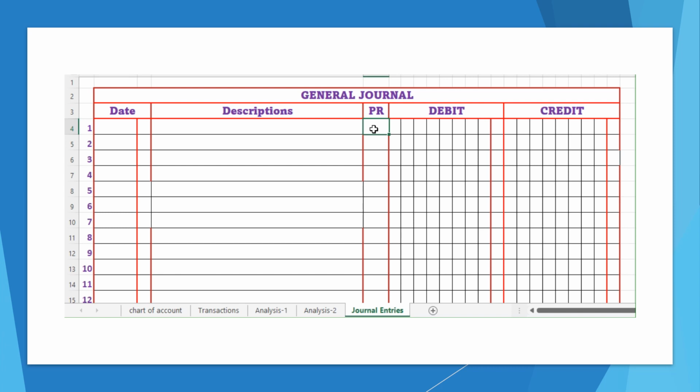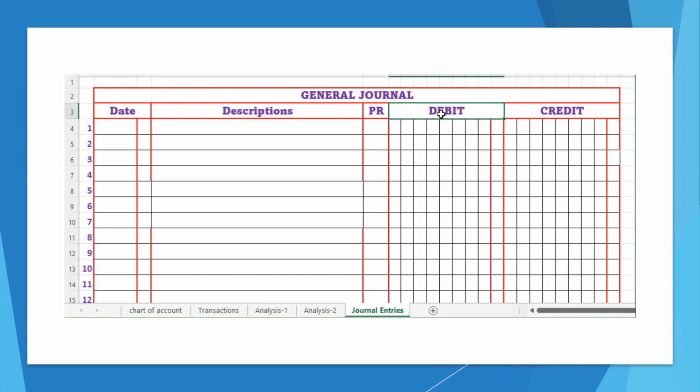You will use this portion when you are posting the entries to the general ledger. It is the post reference. Therefore, when we say post reference, it is applicable for your posting entries.